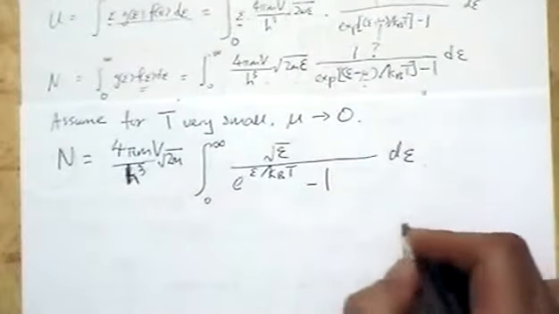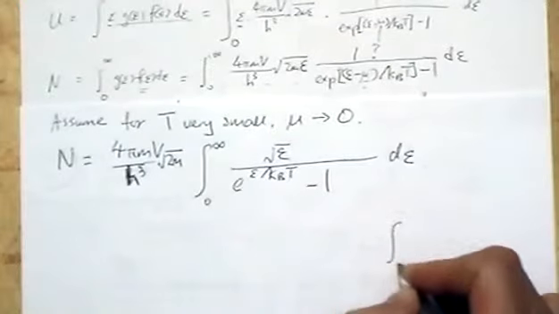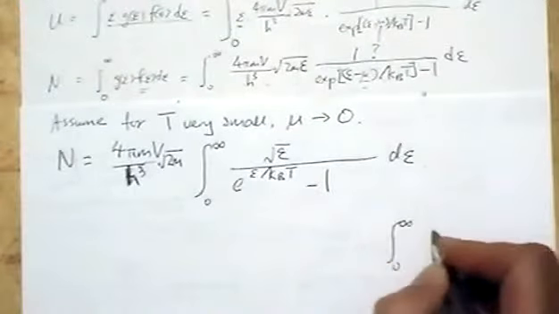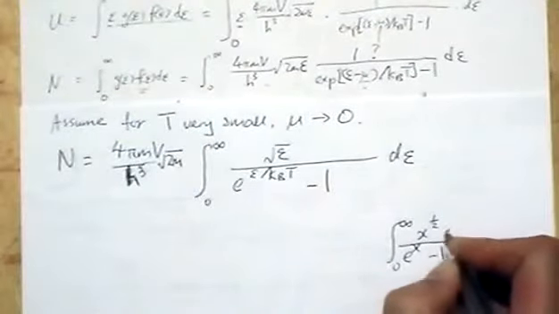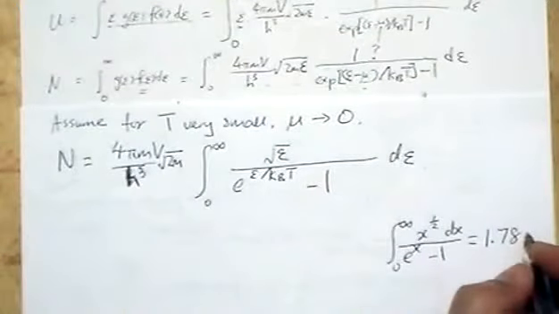The formula that we need to use is this: the integral from 0 to infinity of x to the power of half over e to the power of x minus 1 dx is equal to 1.783.